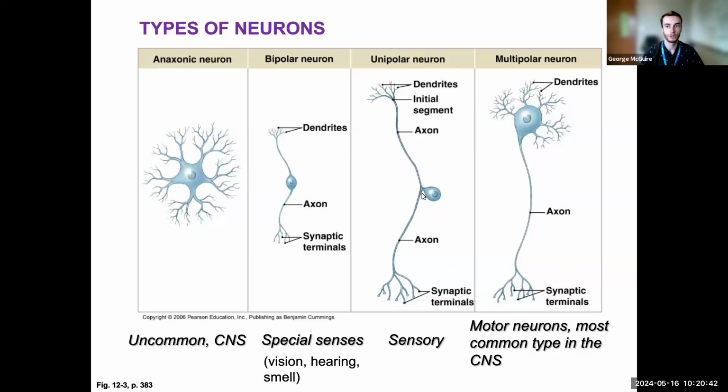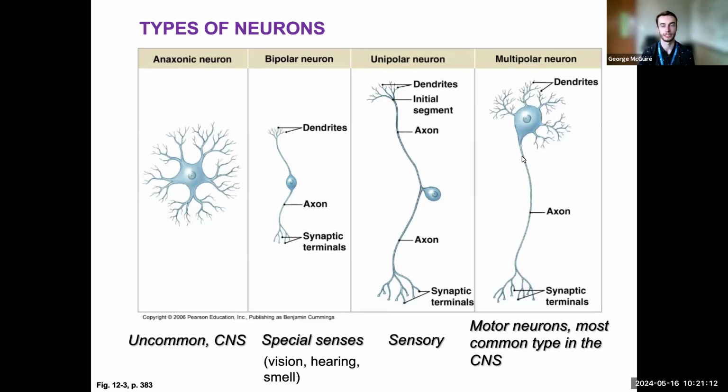We have a unipolar neuron, which even though it does branch in both directions, there is just one branch connecting to the cell body itself. That branch will diverge into two sides, but that is one pole coming off of that cell body. And then we have a multipolar neuron, the example we were looking at before, where we have all these branches of dendrites coming off of it, and then a long axon.